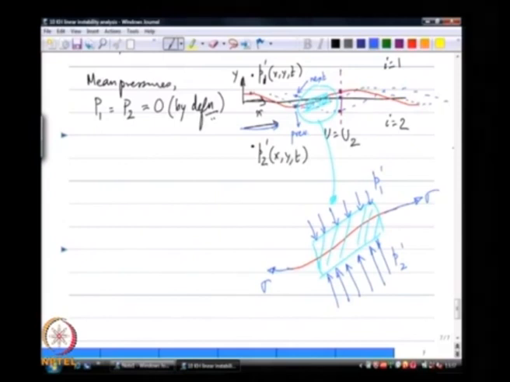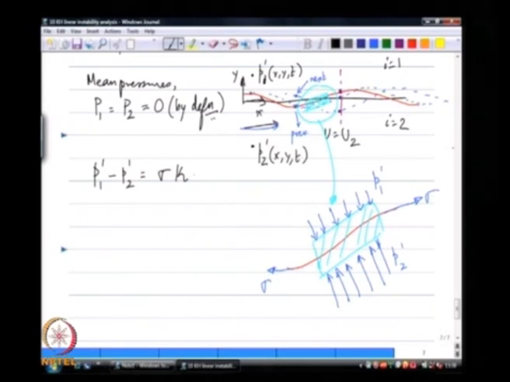Okay. So, because I cut out a small element of the fluid, the rest of the fluid exerts a force on this small element due to surface tension. Okay. So, if I write a force balance here, we can see that P1 minus P2 equals sigma times kappa.